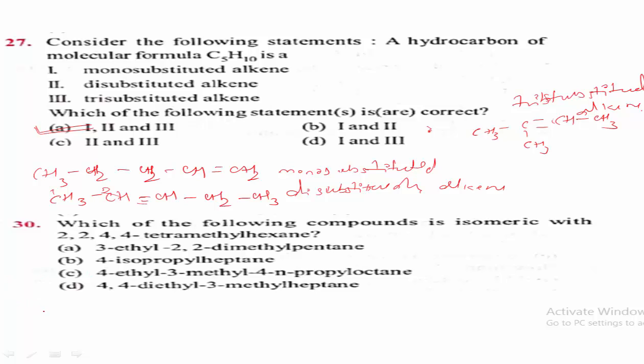Yes students, first you write the structure of 2244 tetramethyl hexane. I write here. Okay, this is CH3 and here C, and the second carbon atom contains 2 methyl groups, means 2 comma 2 CH3s. And here this one is CH3. Okay, here I write only H, and here I write C. This carbon atom, the fourth carbon atom, also contains 2 CH3 groups, and here CH2 CH3.